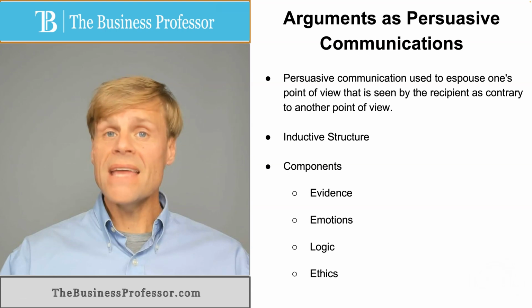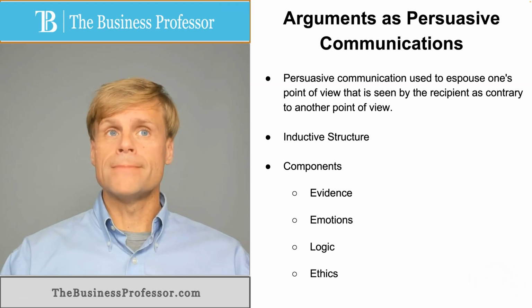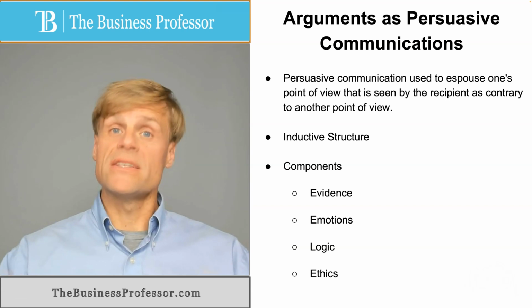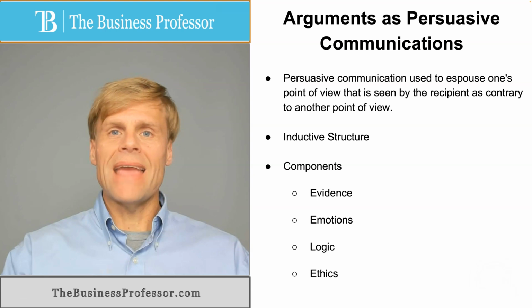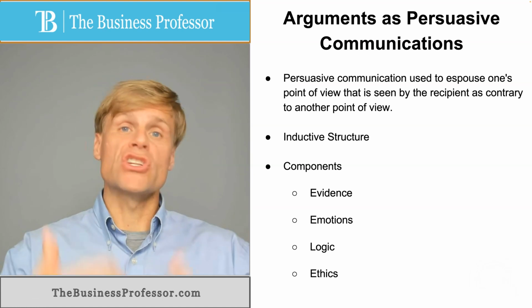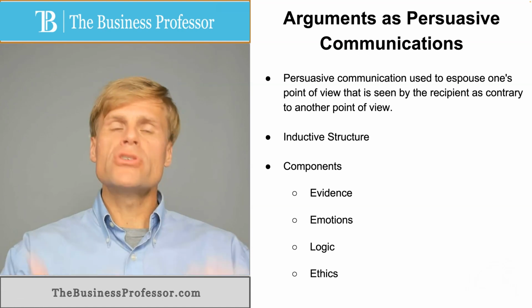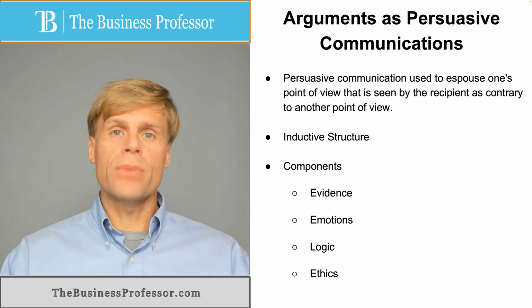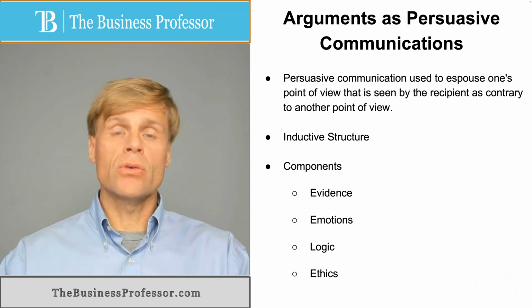And then lastly, ethics. That is, an individual's willingness or belief concerning whether something is right or wrong. So presenting evidence or presenting evidence in a certain way or potentially leaving out evidence or otherwise emotionally manipulating the other person may be considered unethical by one person and ethical to another.